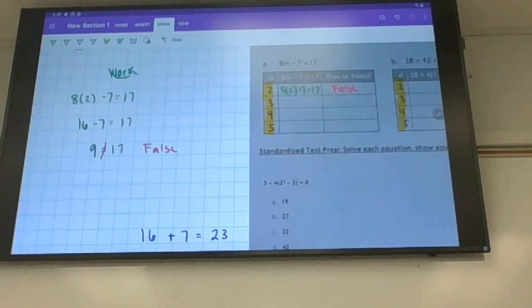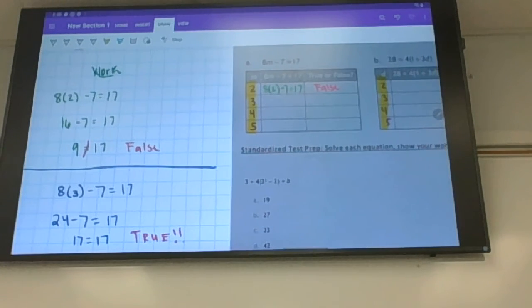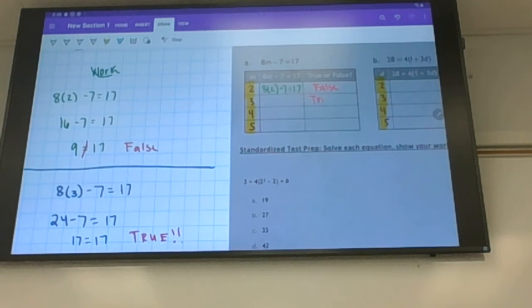Alright, so 2 comes out false. Plug 3 in for M. And how'd 3 work out for you guys? True, that one is true.